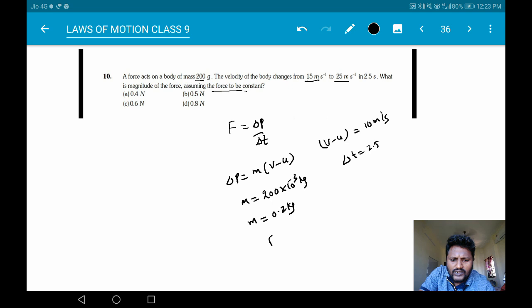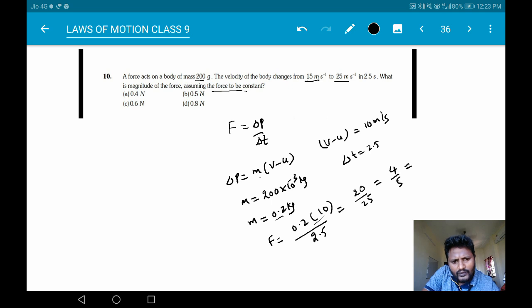So substitute in this, F equals delta P, which is nothing but m into v minus u by delta t. So 0.2 into 10 by 2.5, so 20 by 25, so 4 by 5, 0.8 Newton is the answer for that.